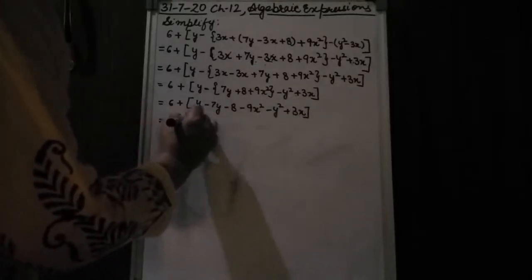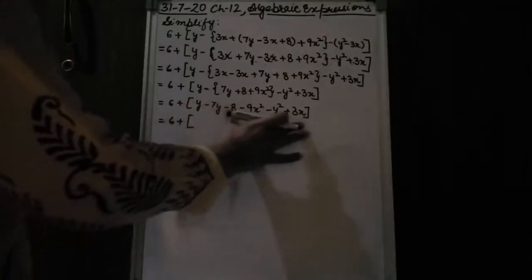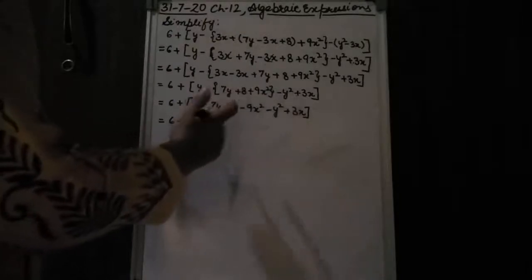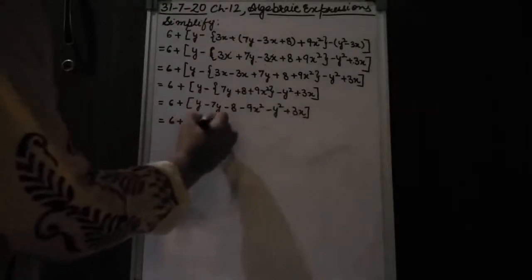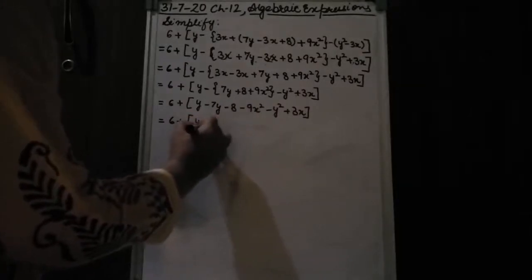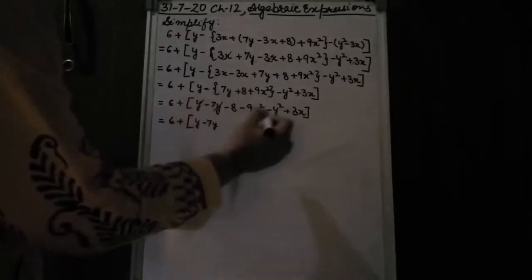Same step: before opening the bracket, simplify the expression within the bracket, collect the like terms with the y variable. So minus 7y, you have made the group.